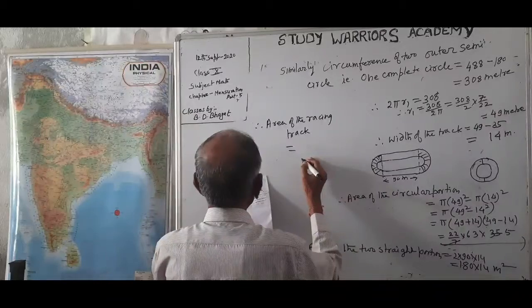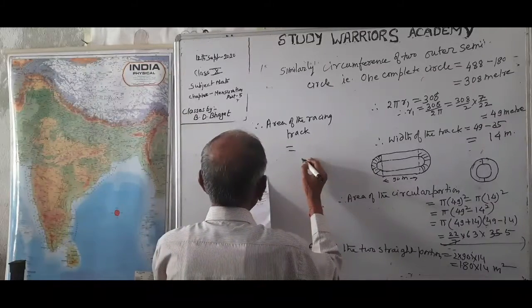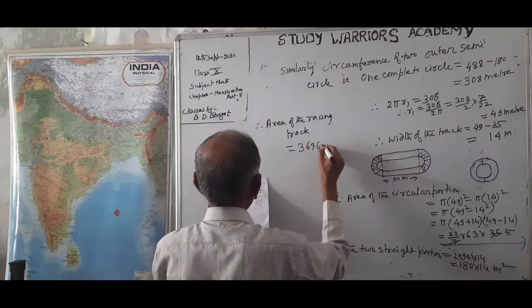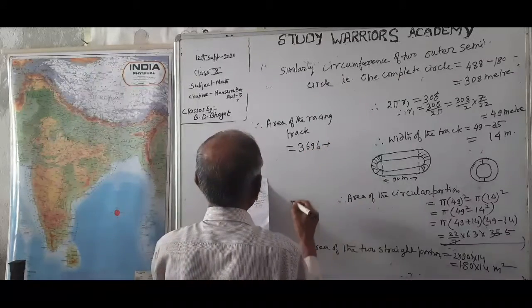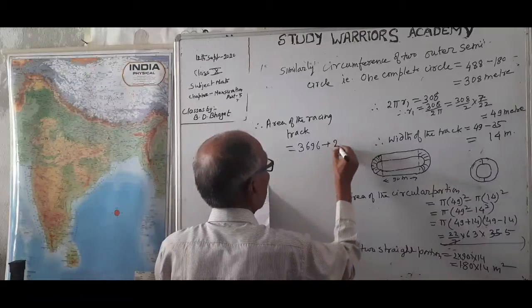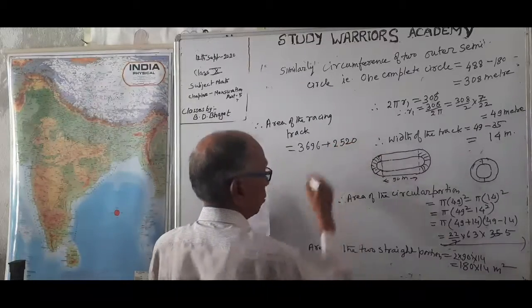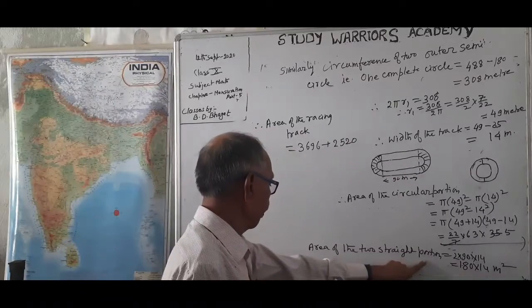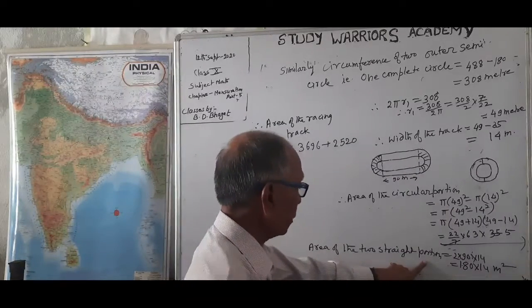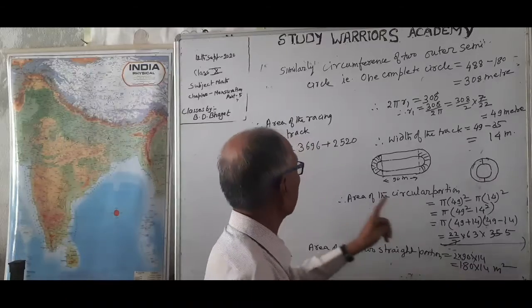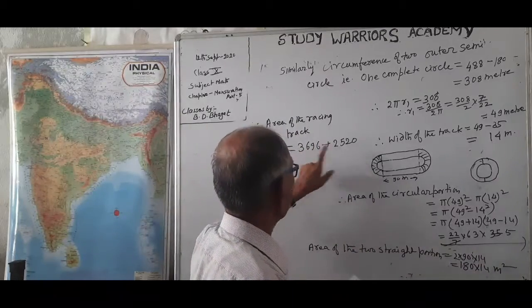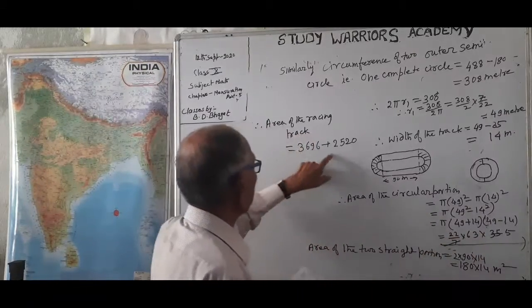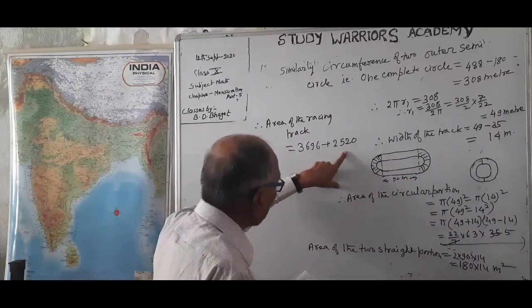So it will be 3696 plus 2520, because if you multiply this you will get one of these two values, and similarly if you multiply this you will get one of the two values.